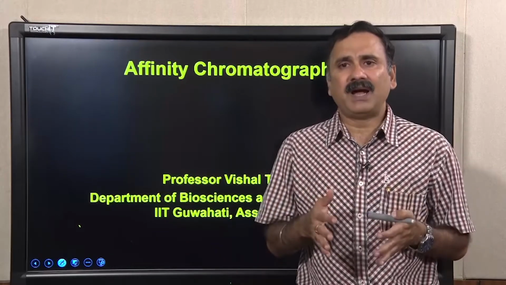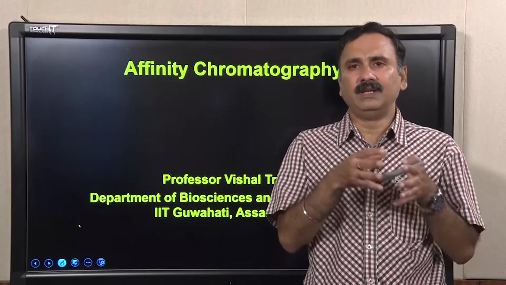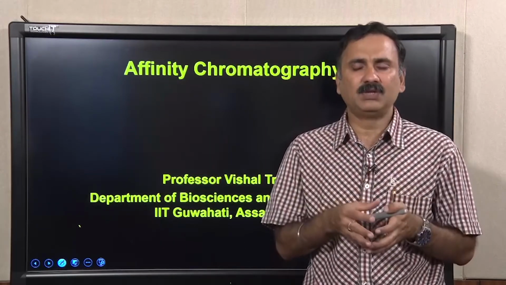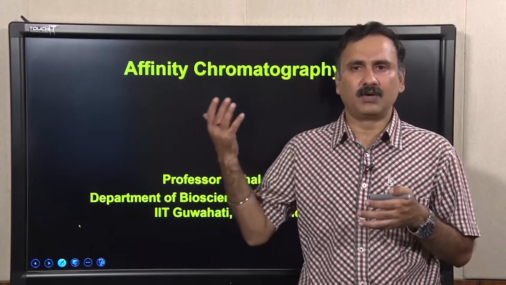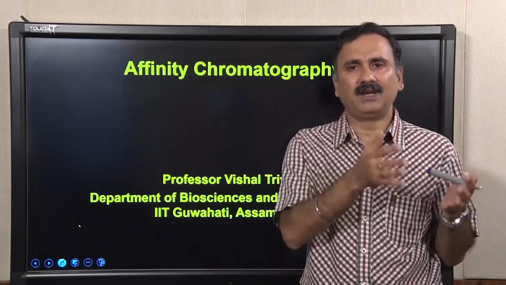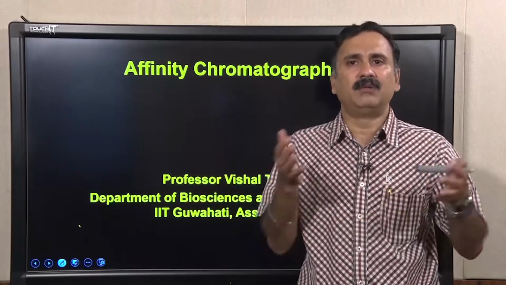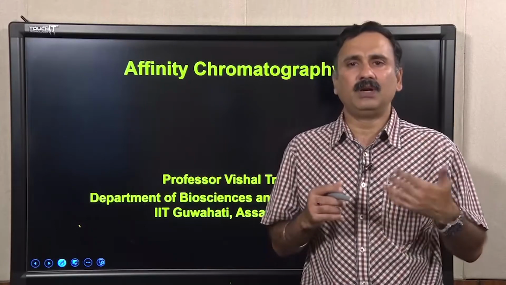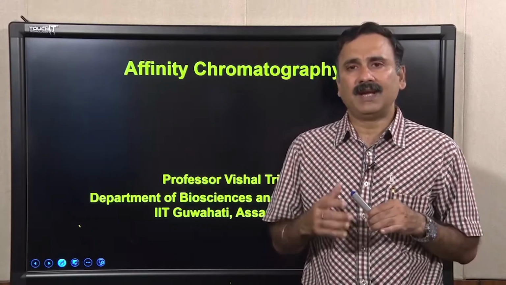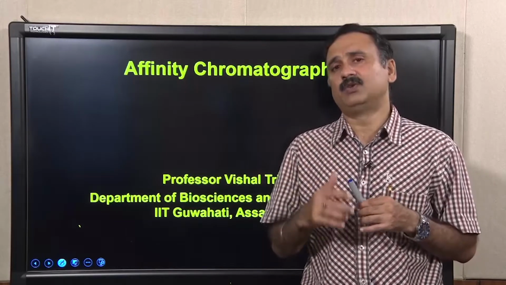In a typical matrix, you have the coupling of the receptor or the ligand to the matrix, and then you can couple the cognate pair. For example, you can couple the ligand to the matrix, or couple the matrix to the protein of your interest, and then utilize them for purification using affinity chromatography.